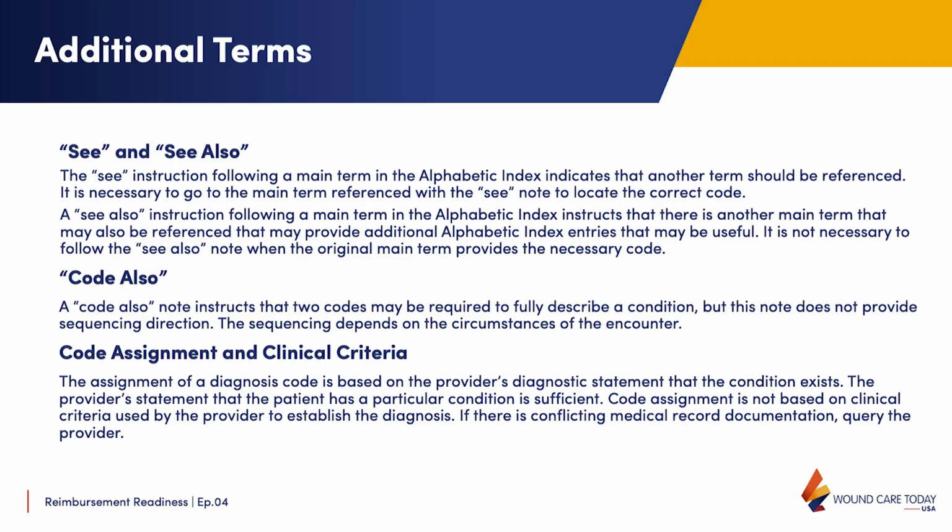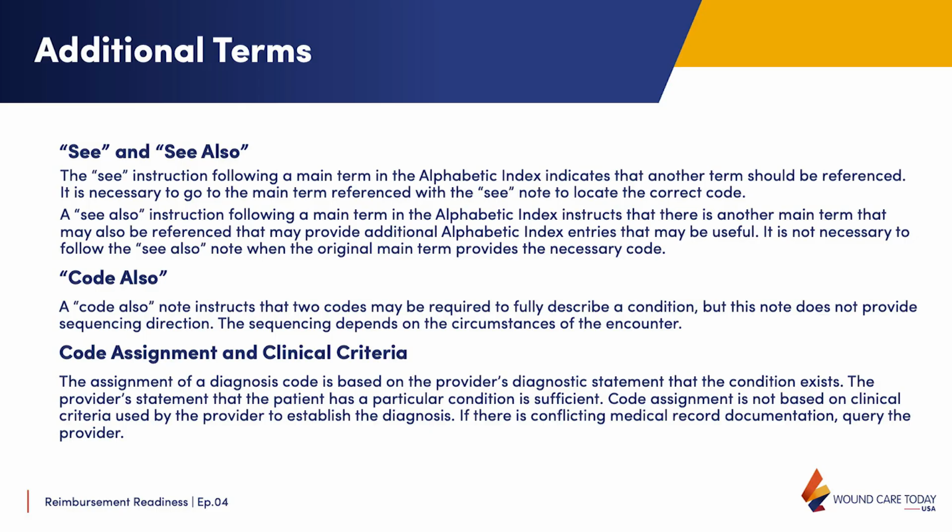So that will give you another place to look for the code. A see also instruction following the main term in the alphabetic index instructs that there is another main term that may also be referenced that may provide additional alphabetic index entries that may be useful. It's not necessary to follow the see also note when the original main term provides all the information for the necessary code selection.